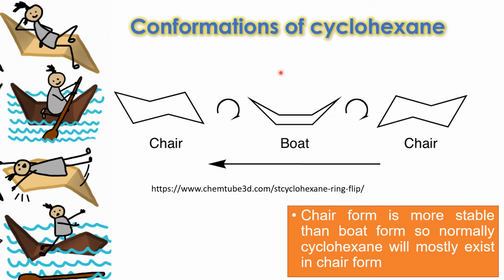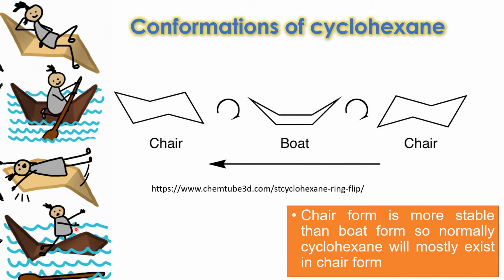If we take the example of cyclohexane, it exists in two conformations, chair and boat. Chair because it resembles a chair on which we can sit. Boat because it resembles the shape of a boat.